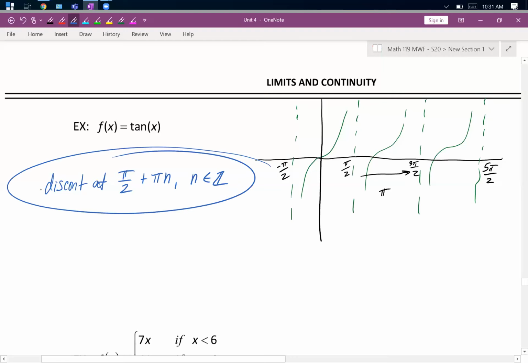And that's going to get us all the asymptotes going both to the right and to the left, because we know integers could be positive or negative. Questions?